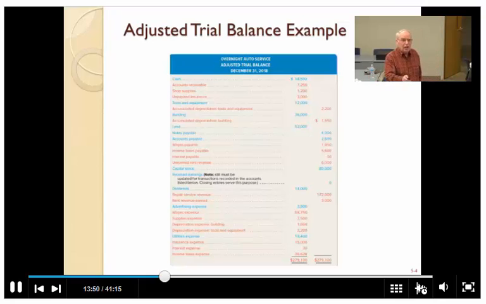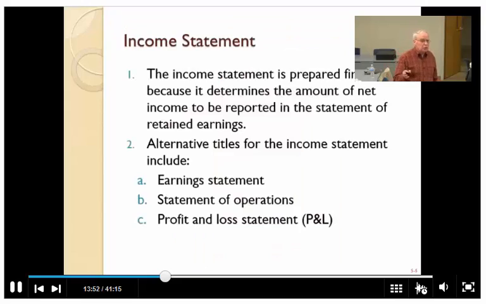Okay. All right. So let's go through the statements then. The first statement, and that's what the slide says: the income statement is prepared first because it determines the amount of net income which will be used to update retained earnings. Now it's called various things: income statement, earnings statement, statement of operations, profit and loss.